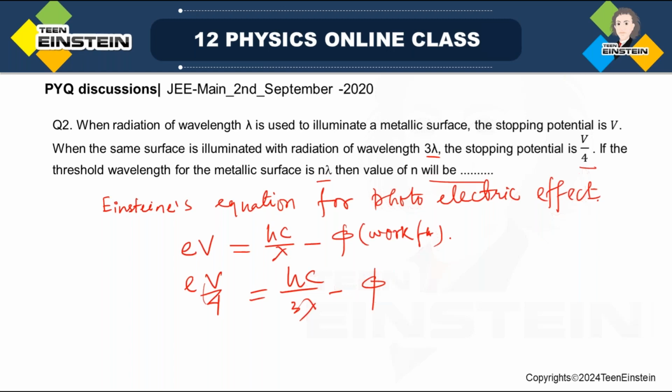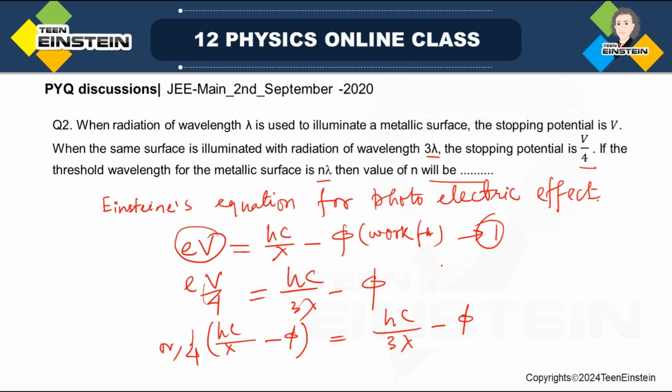Now from these two equations, I can put this value of eV here. So hc by lambda, times 1/4, minus phi.